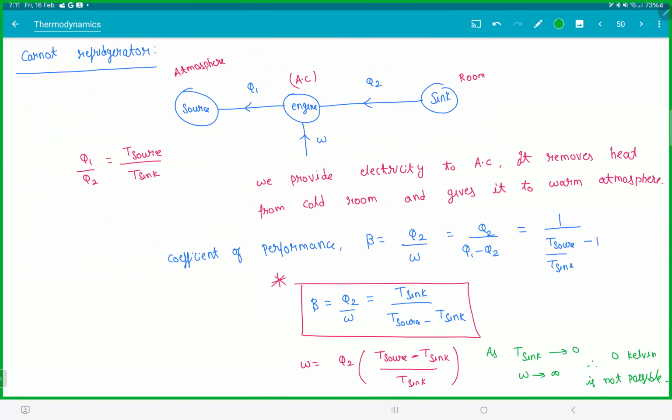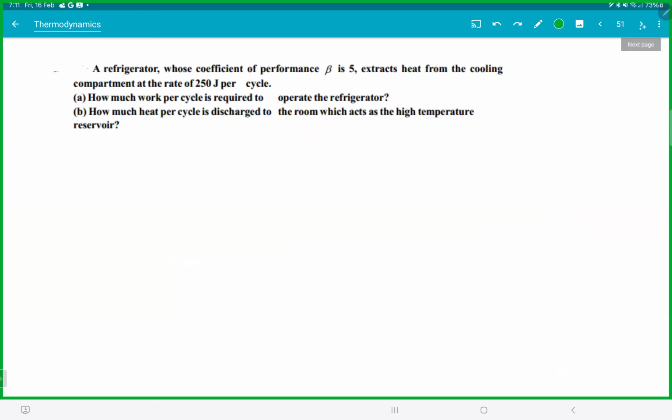Beta is T sink by T source minus T sink. Clear?